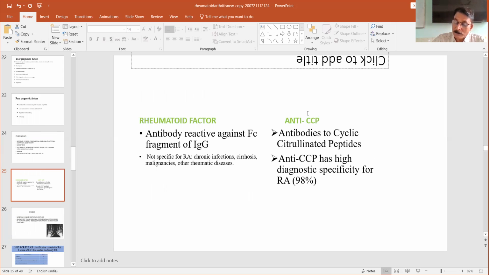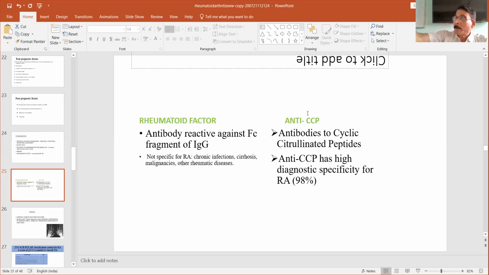IgG has a light chain and a heavy chain, and the RF is nothing but the antibody produced against the Fc fragment of the immunoglobulin IgG.